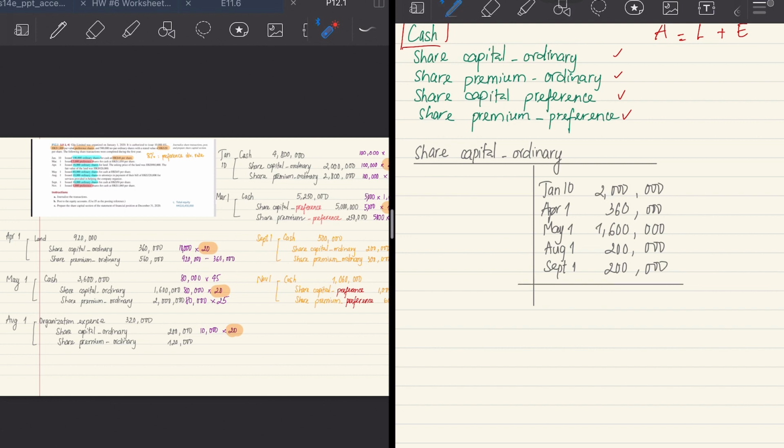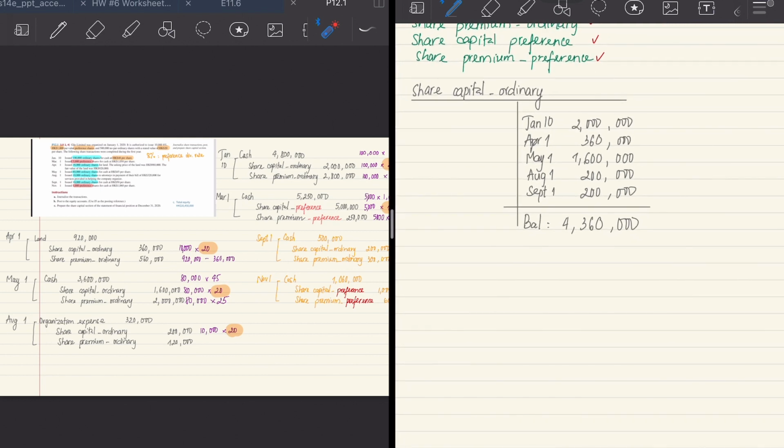You can see here the balance would be $4,360,000. Okay, that's the first one.